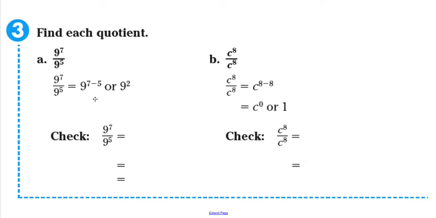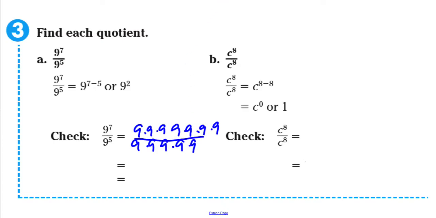Okay, and if we check our answer, this becomes easy enough. You simply expand this. 9 times 9 times 9 times 9 times 9 times 9 times 9, and this is 9 times 9 times 9, 9 times 9.